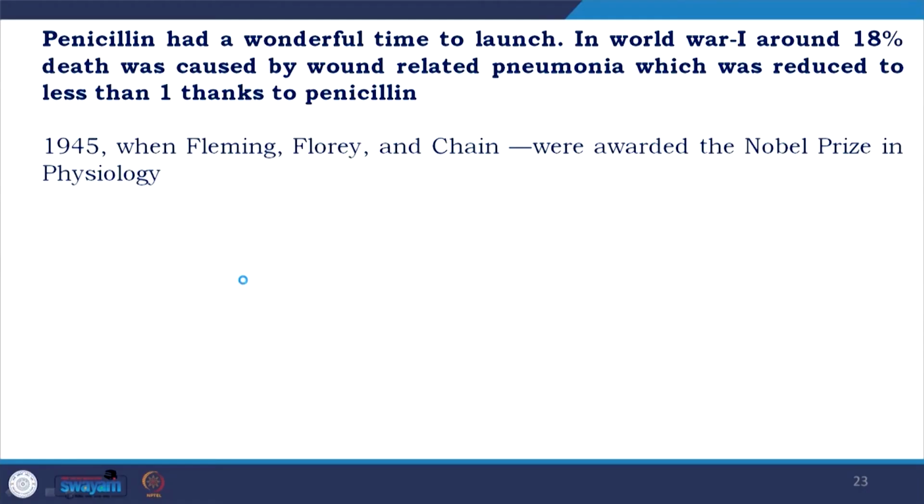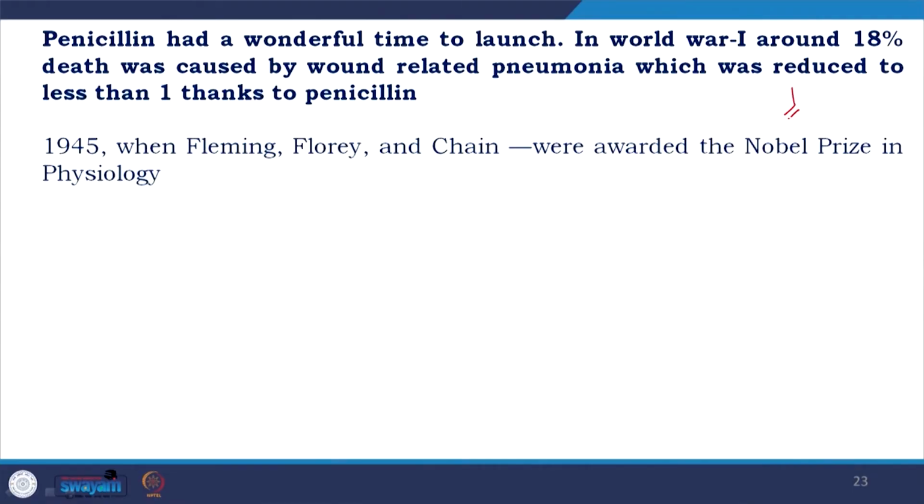Suddenly all the countries involved in the war got the utility of penicillin, and penicillin was accepted globally. In 1945, Fleming, Florey and Chain were awarded the Nobel Prize. So, 1928, 1945.